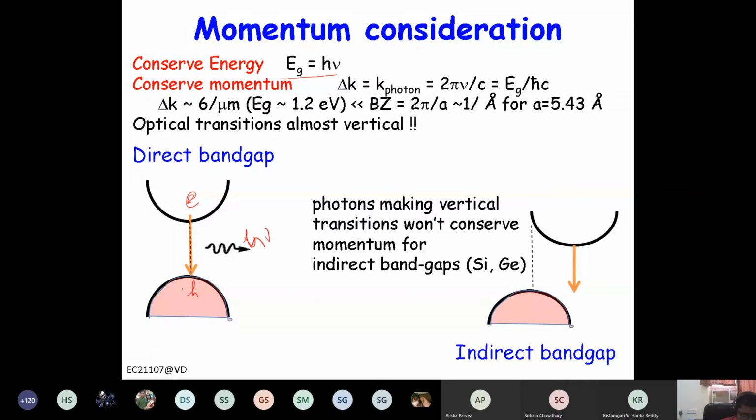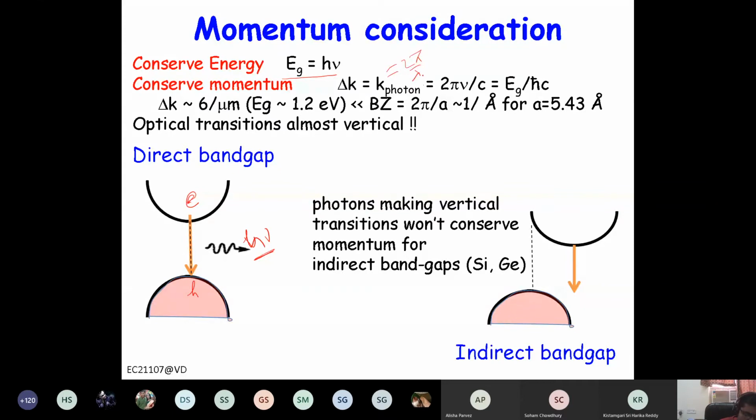If their wave vectors are different, then that momentum has to be taken care of by the photon. So let us analyze what is the momentum of the photon and what is the momentum in the lattice. For the photon, k is 2 pi by lambda.